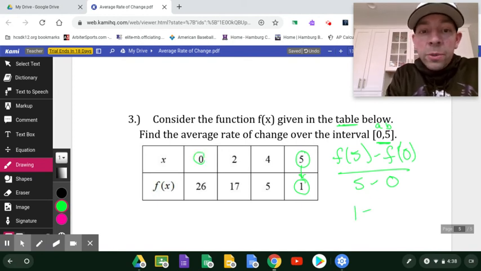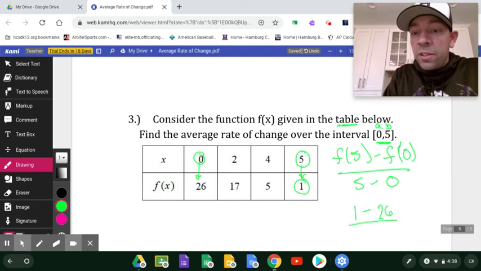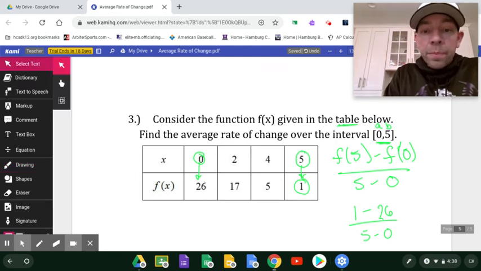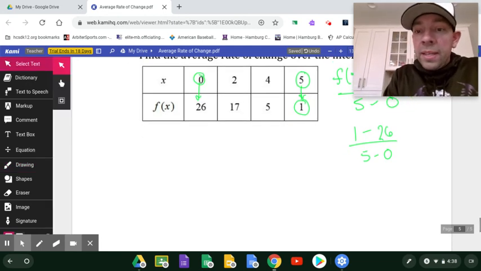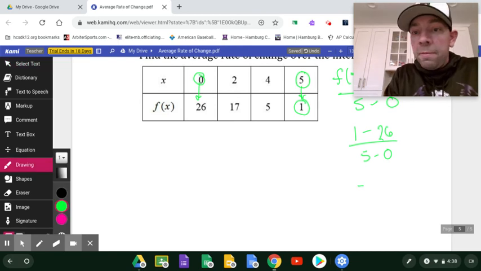And when x equals 0, the corresponding y value is a 26. So there's your change in y. And then 5 minus 0 is your change in x. So I think we're going to get -25 over 5, which makes -5.